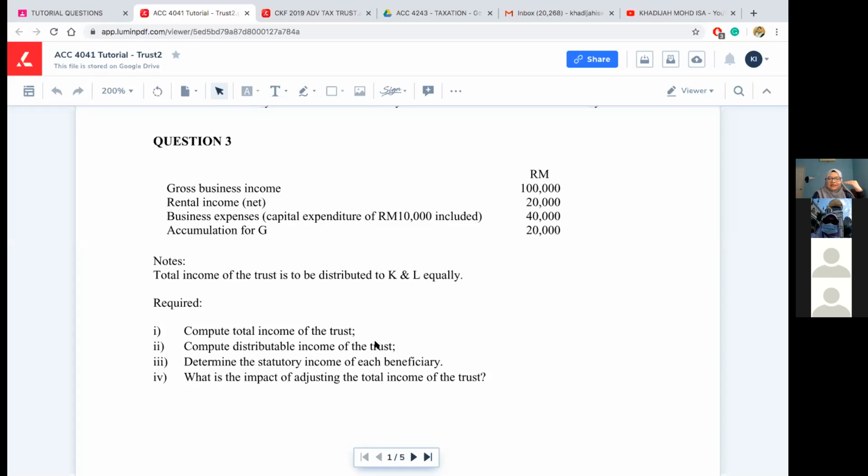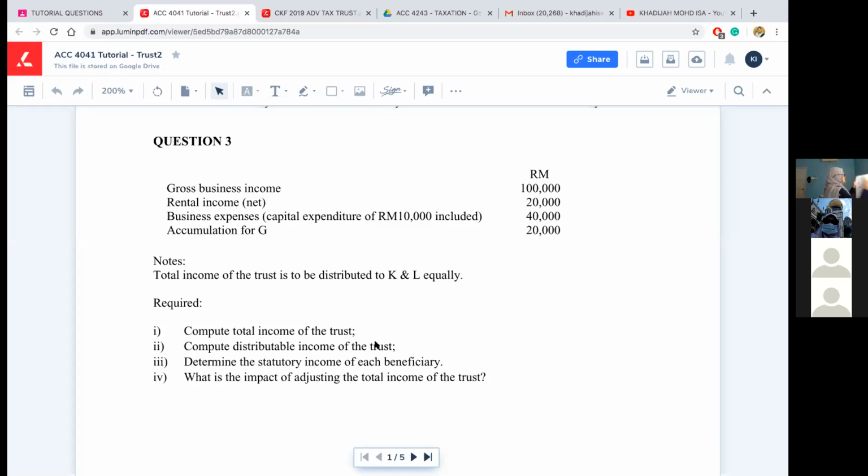So from that 40,000, how much is the allowable expense? 30,000 only, kan? So you have business, so how you going to do it? Gross business income 100,000 minus allowable expenses 30,000.